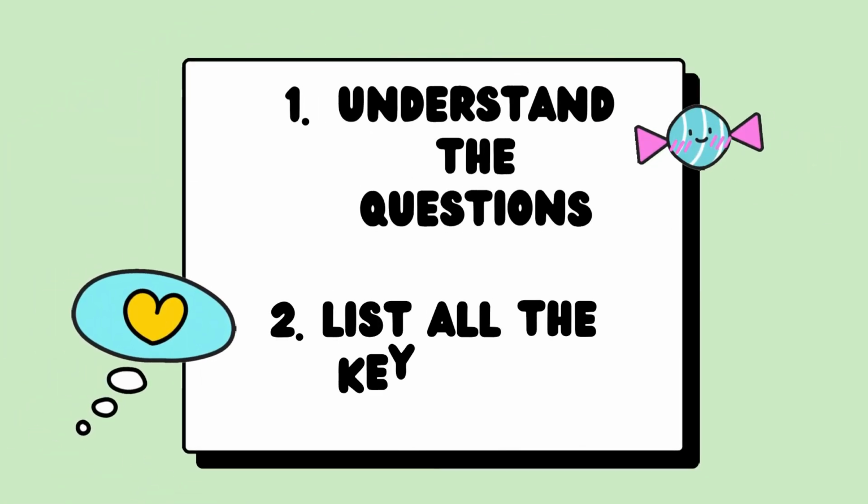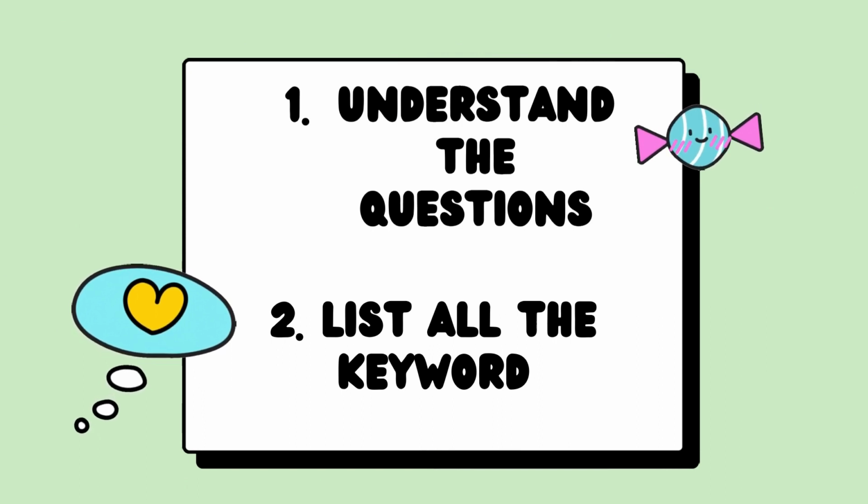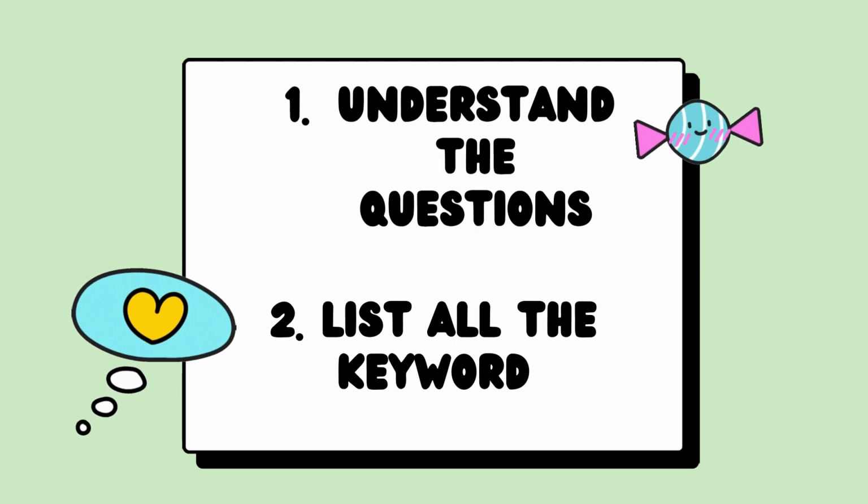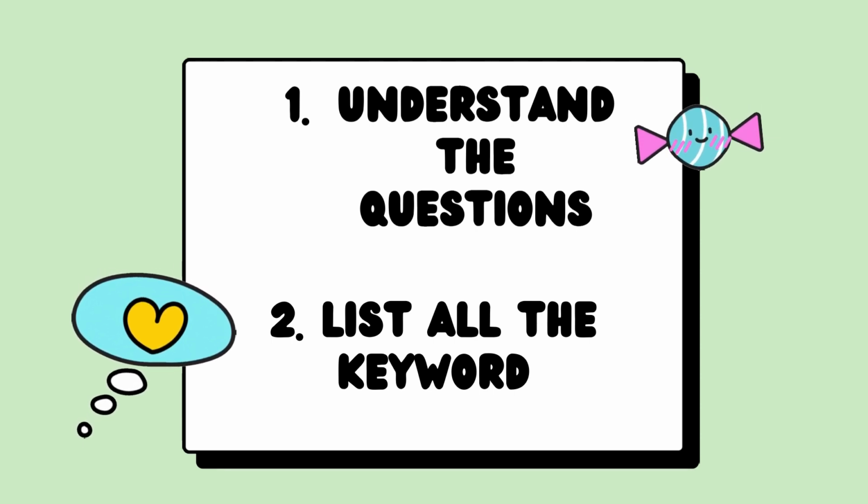So first things first, we need to understand what the question wants us to do. We need to know the requirement of this question. The question wants us to calculate the theoretical yield and also the percentage yield.